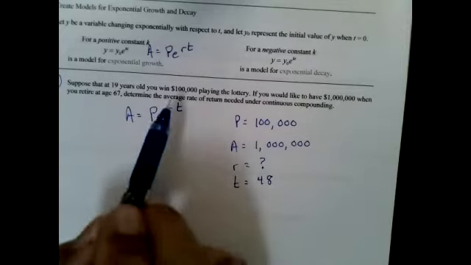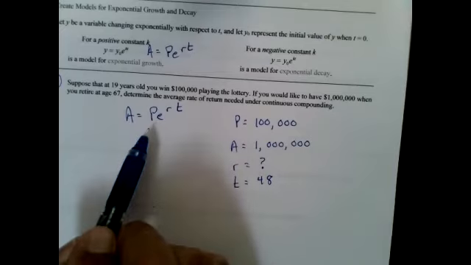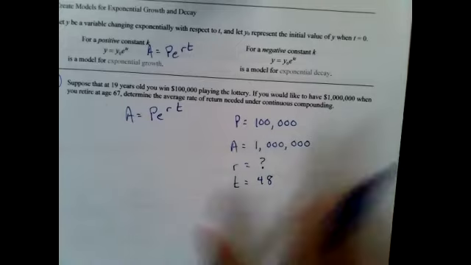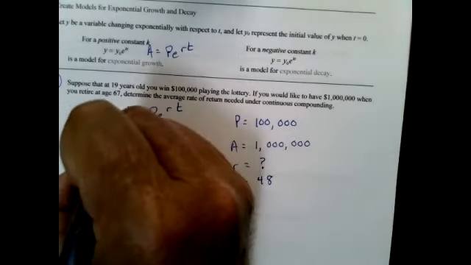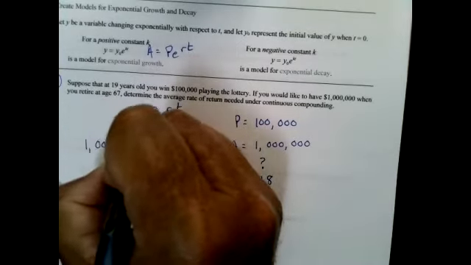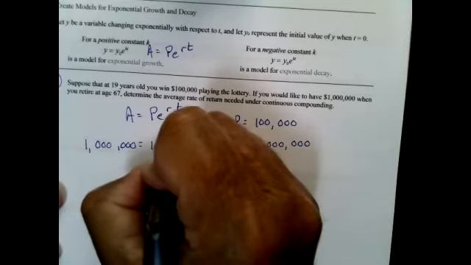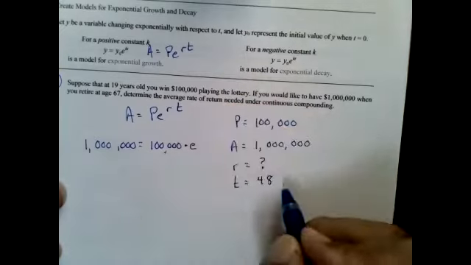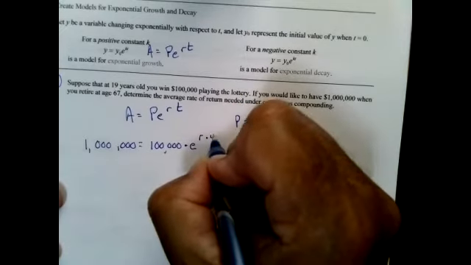Compounded continuously. Initial amount, what I'd like to end up with, or final amount. So $1 million equals 100,000 times e raised to the r times 48.